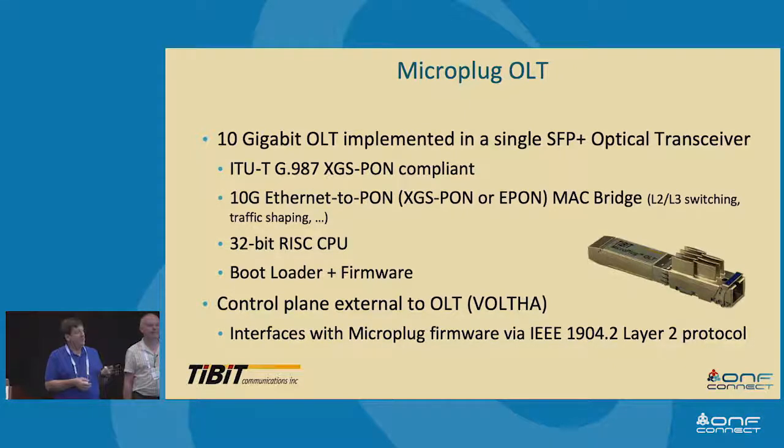But since this is a Microplug OLT and it has a bridge MAC on it, there was a need for a RISC CPU or some more capable CPU to handle all the firmware tasks beyond what you normally see on a Microplug. So we have in-band management capabilities, which is provided over an IEEE 1904.2 link or protocol.